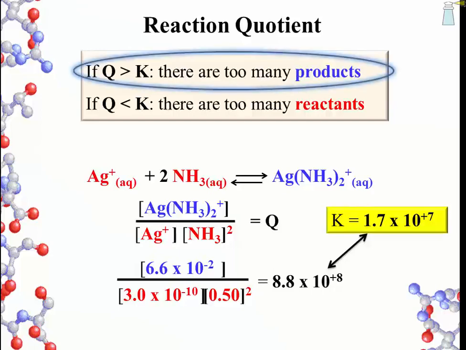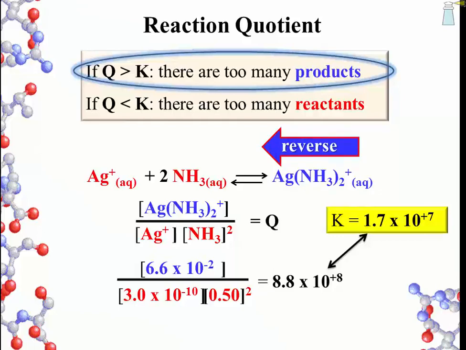If Q is bigger than K, then there are too many products as compared to reactants. Why are there too many products? We don't know. Maybe the reaction started out with some diamine silver already in it. What we do know is that the reverse reaction will have a faster rate. The concentration of reactants will have to increase before the reaction reaches equilibrium.